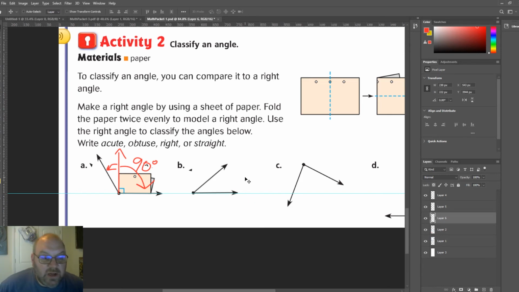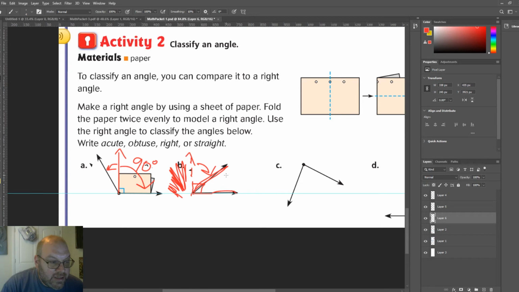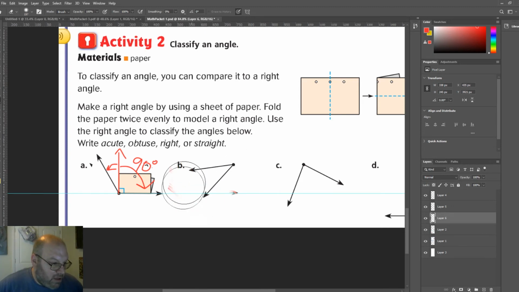Okay, so this one is going to the right. And if we draw our right angle, which is awful, I know. Here's our right angle. Is it less than 90 degrees? Less than the right angle? Or is it more than the right angle? There's nothing over here. So it shows me it's less than 90 degrees. So it's acute.